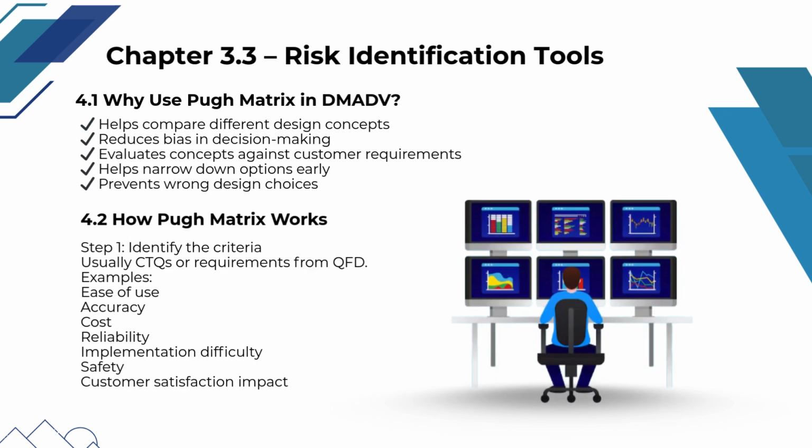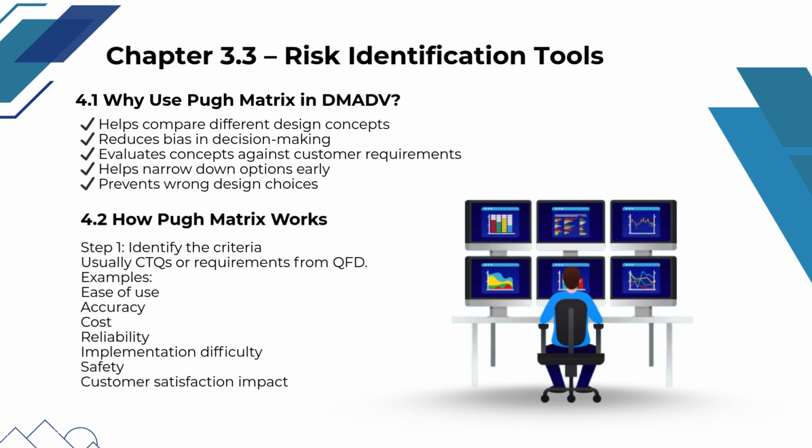In DMADV, the POO matrix is used to compare different design concepts objectively, reducing bias and ensuring that decisions align with customer requirements. It helps teams evaluate multiple options against critical criteria such as ease of use, accuracy, cost, reliability, implementation difficulty, safety, and impact on customer satisfaction, allowing them to narrow down choices early and avoid selecting suboptimal designs.